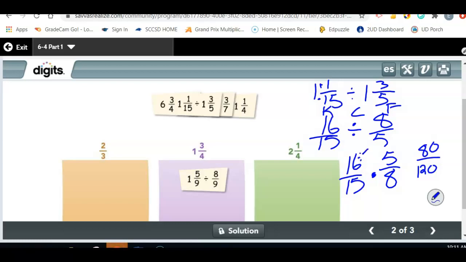You can divide an 8 out. Divide an 8 out. That becomes a 1. That becomes a 1. 16 becomes a 2. Thank you for catching it. Nice job. 5 and 15. Can you divide anything out? Nick. Good, you can divide a 5 out. That becomes a 1. That becomes a 3. Multiply straight across, you get 2/3.